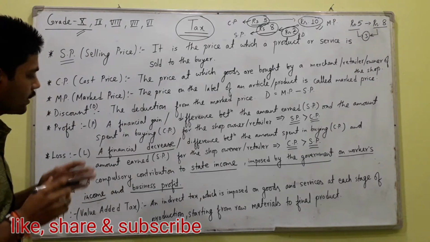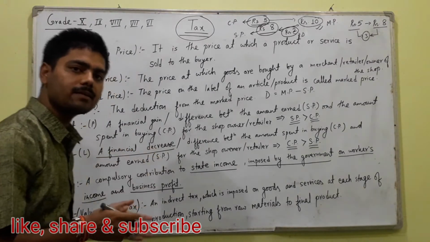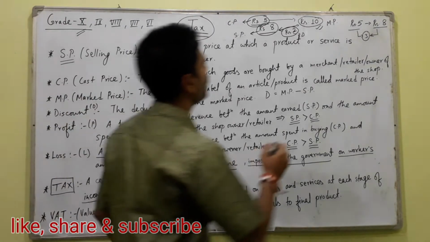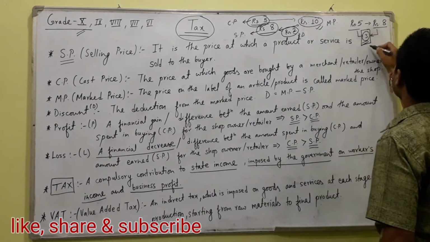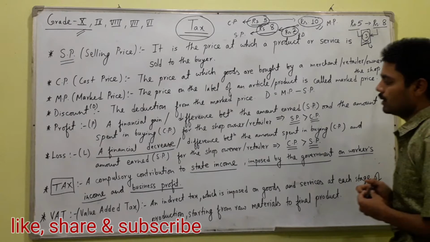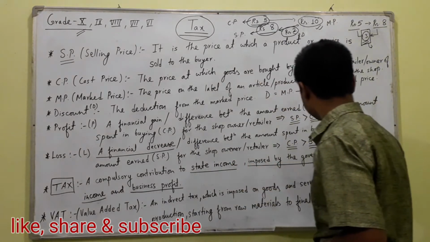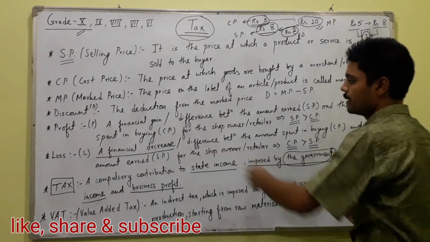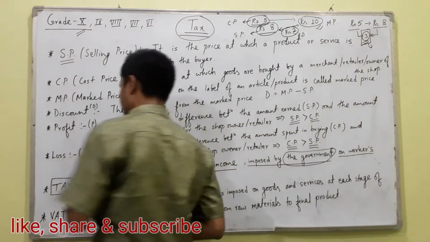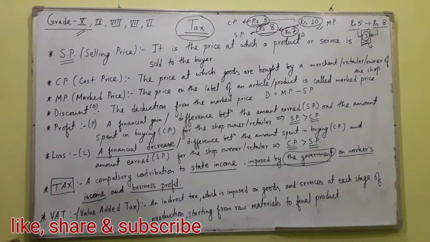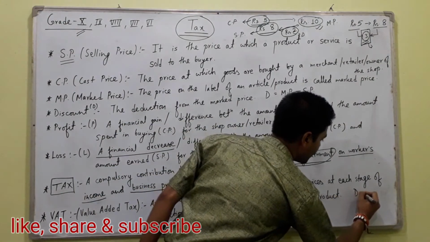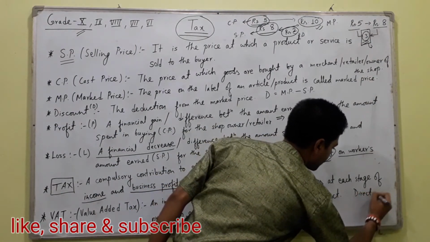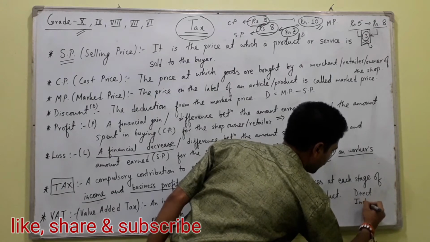If you are running any shop or doing any business and you earn some profit, then from that profit you have to pay some amount to the government. That is called tax. There are two types of tax: direct tax and indirect tax.